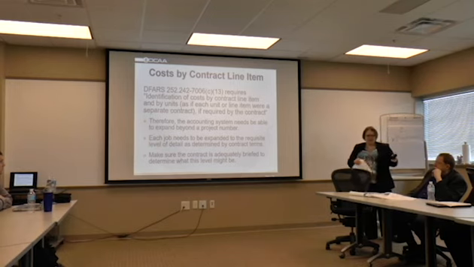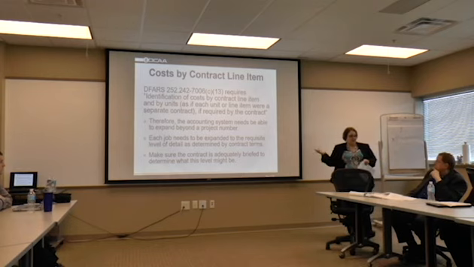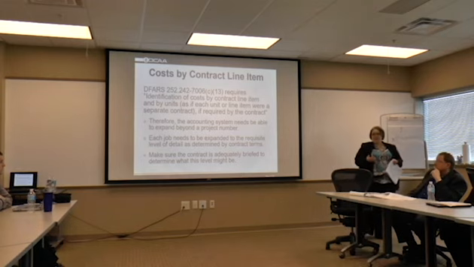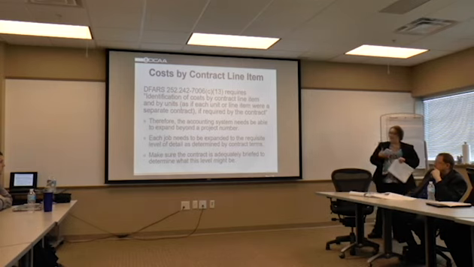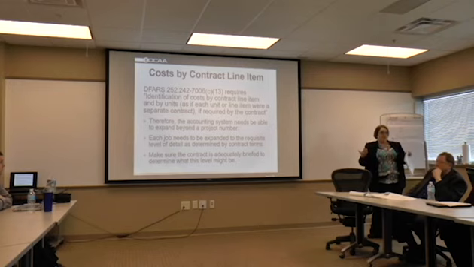We actually recently sent out a letter to all of our contractors under our cognizance explaining this requirement. As we go through this series, we'll talk about incurred costs, but it's very important because we look at that when we review public vouchers. And we look to say, does the contract exceed the funding limitation?